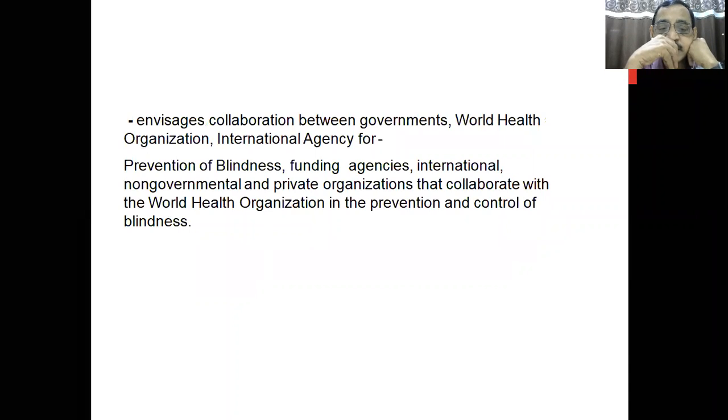The Right to Sight program, or Vision 2020, envisages collaboration between governments, the World Health Organization and international agencies for prevention of blindness, and funding agencies, international non-governmental and private organizations that collaborate with the World Health Organization in the prevention and control of blindness.